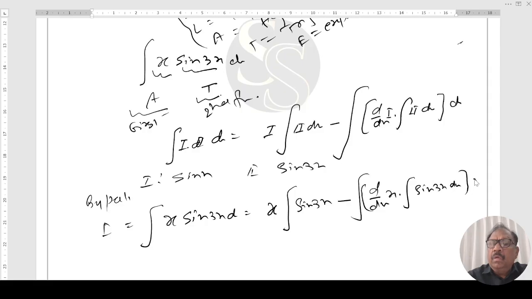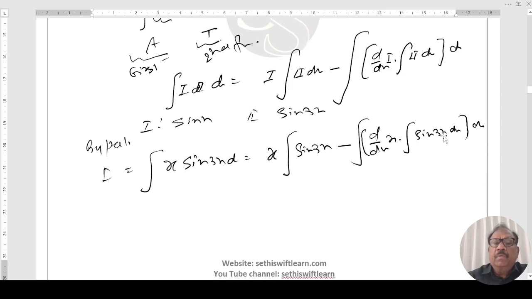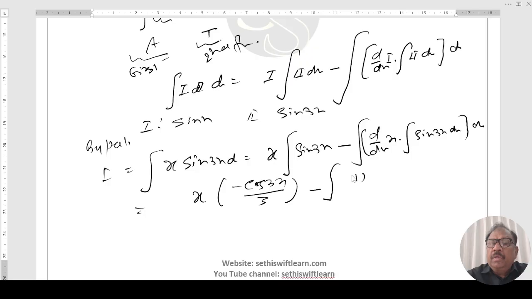So this comes out to be x into the integration of the second, x into minus cos 3x divided by 3, minus the integration of 1 into minus cos 3x divided by 3 dx.